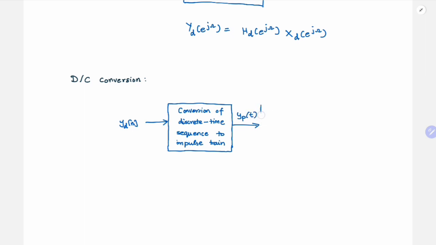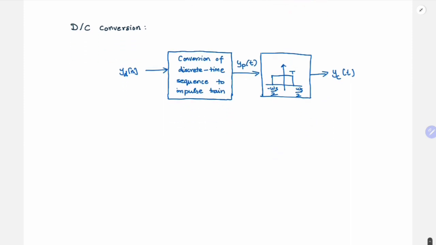Now again if I pass this through a low pass filter between minus omega s by 2 to omega s by 2, and the amplitude scaling should be T, right? Then I'll get back my Yc of t. And how will my Yc of t and Yd of n be related in the frequency domain? It will be the same.